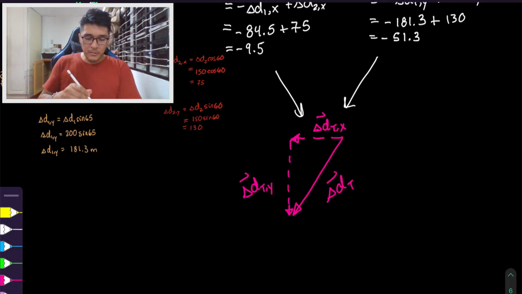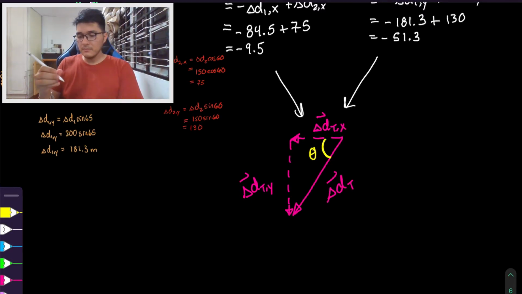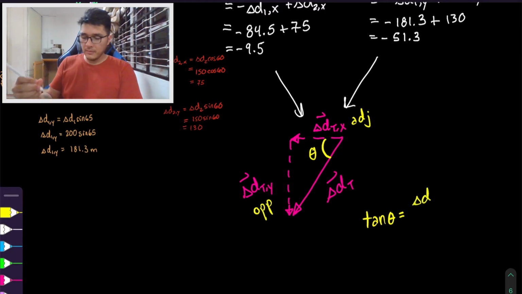And because we're looking for a vector quantity, we're going to find the magnitude and the direction. So to find the direction, let's call this angle theta. From this angle, we can call this side opposite and this side adjacent. Remember, to find the angle, the best thing to do is always use the tan ratio. Tan theta will be the y component over the x component.